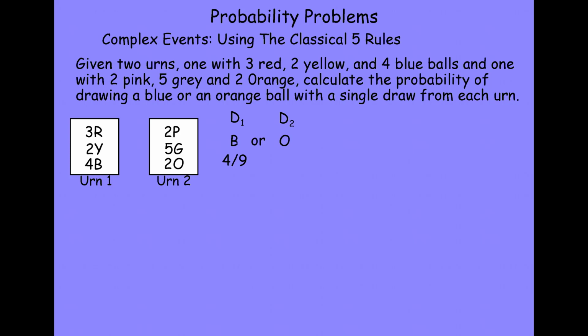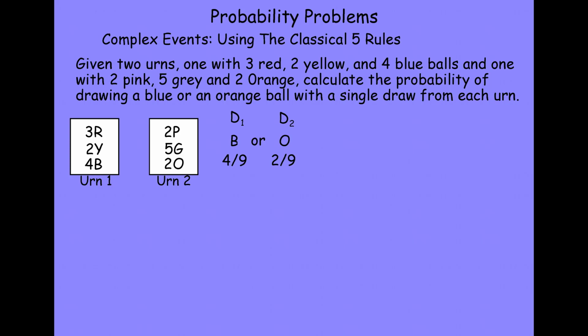I'll calculate the probabilities for the individual events. The probability of drawing a blue is 4 blue balls divided by 9 total balls. Now I go to the probability of drawing an orange. That is 2 orange balls divided by 9 balls total.